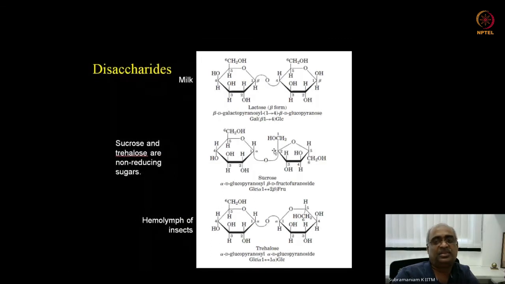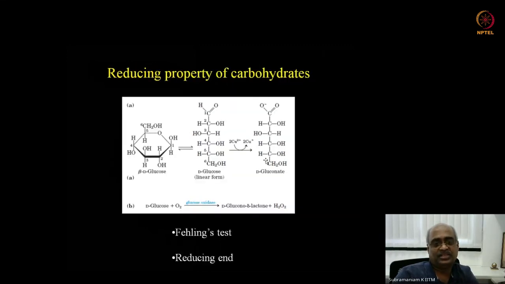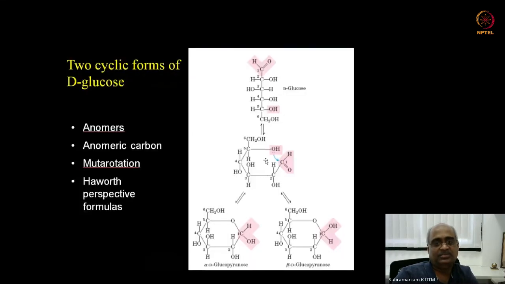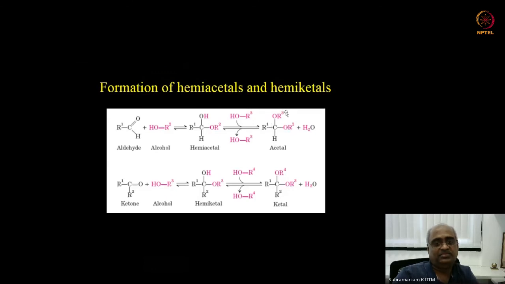So 1, 2, and this is beta orientation, and this is alpha orientation, this glucose. When you have glucose and fructose joined like this, this is sucrose. So here both the anomeric carbons are engaged in the acetal formation. So this is an acetal.